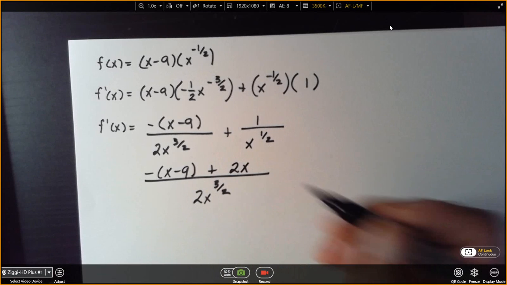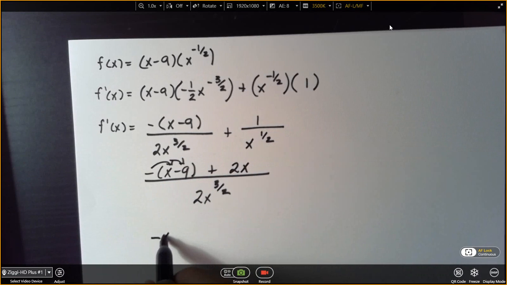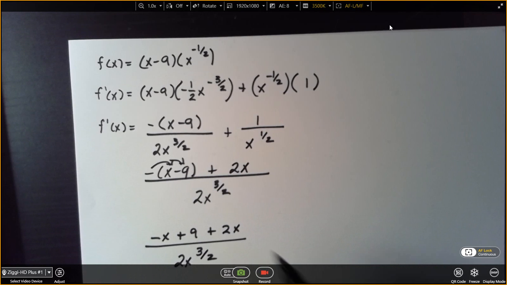Now we distribute the negative. Negative x plus 9 plus 2x over 2x to the 3 halves. And the 2x minus x leaves you with x plus 9 over 2x to the 3 halves.